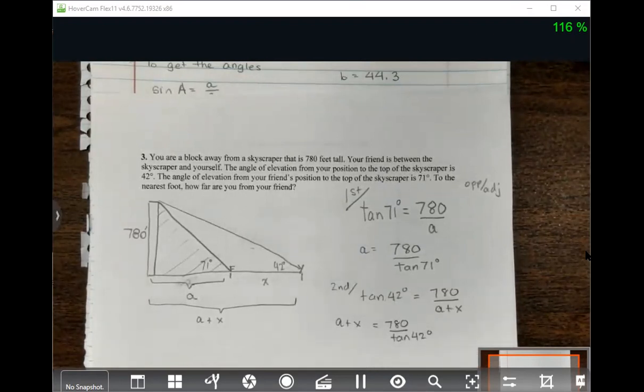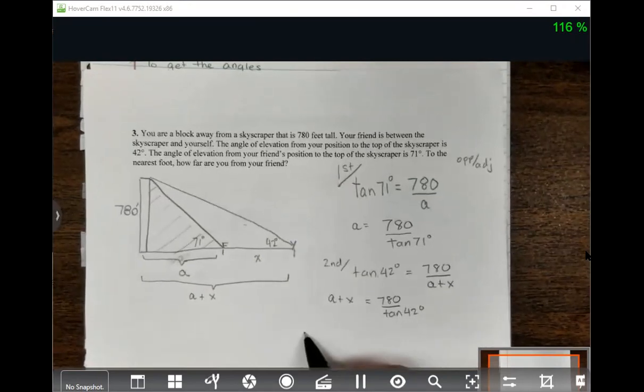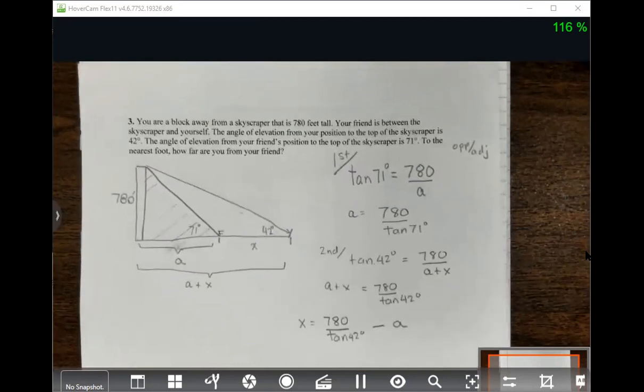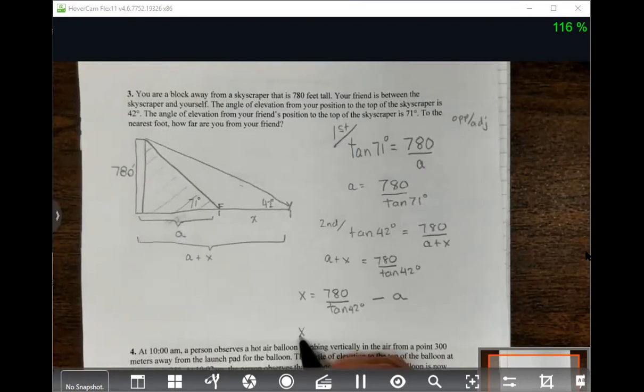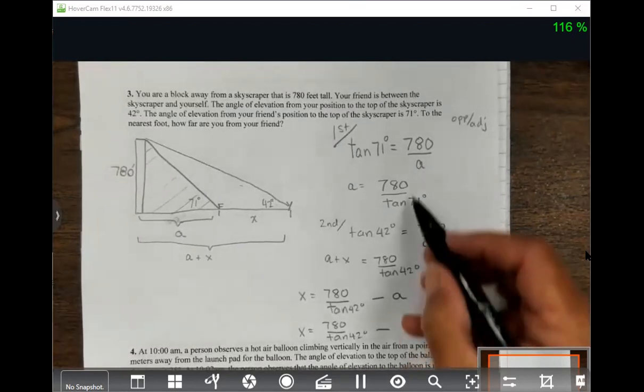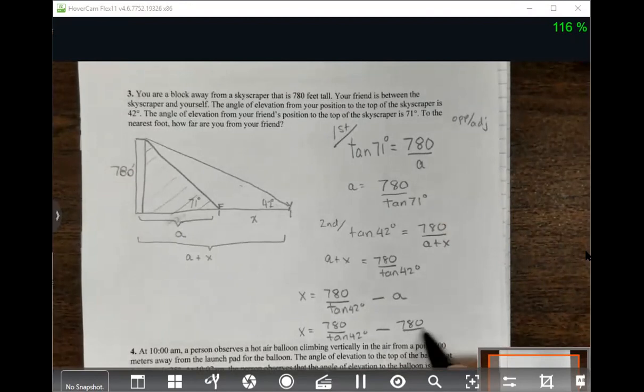X is our unknown, so I'm going to subtract A from both sides. 780 divided by the tangent of 42 degrees minus A is equal to X. And I have A above as 780 divided by the tangent of 71 degrees. So on a test, that's how you would write it. You would say X is 780 divided by the tangent of 42 degrees minus 780 divided by the tangent of 71 degrees.